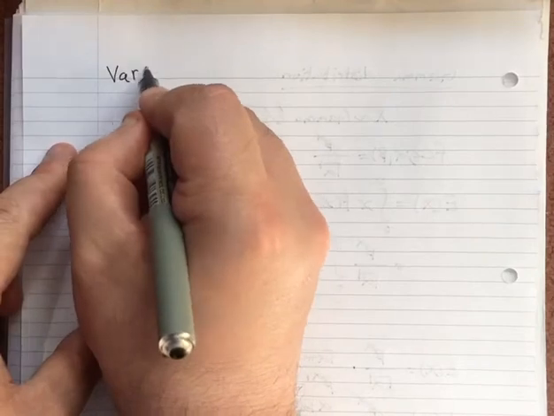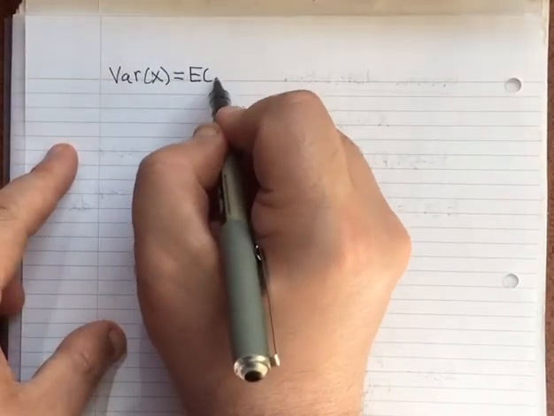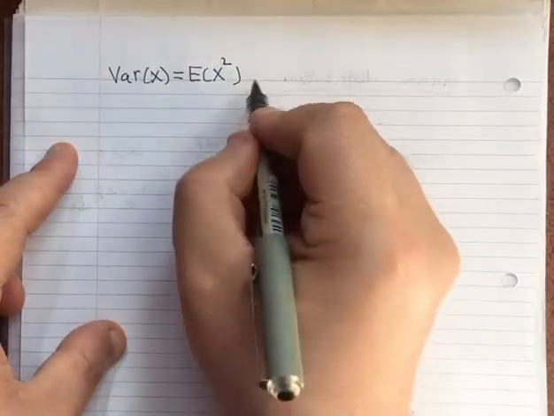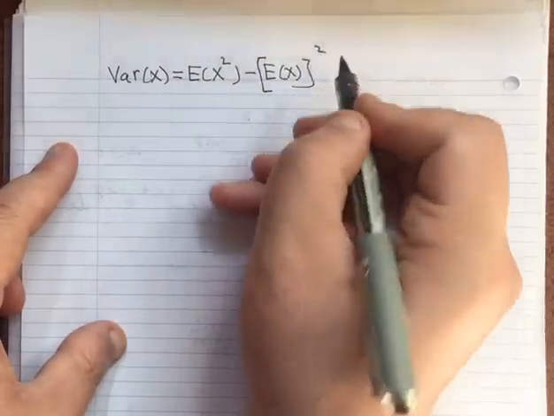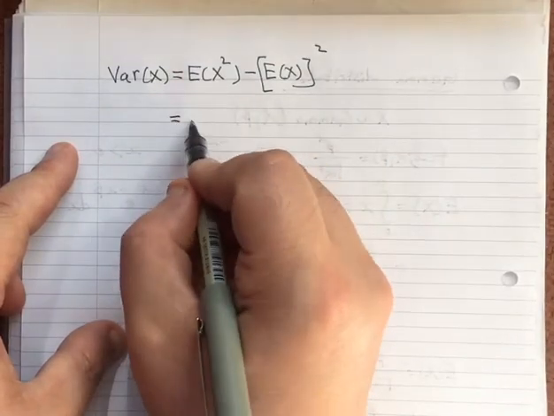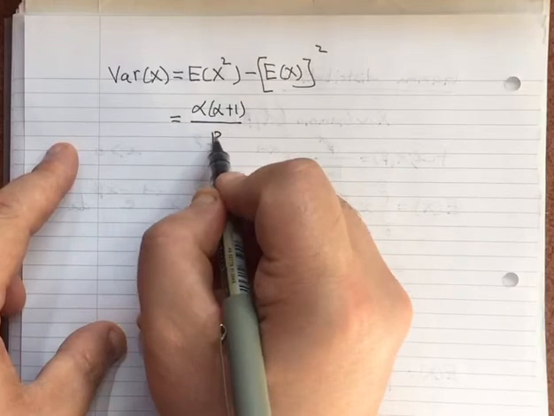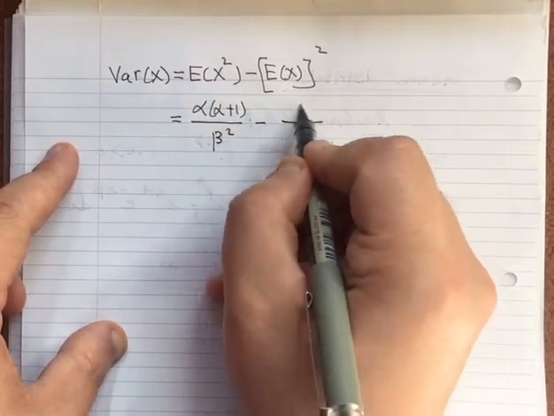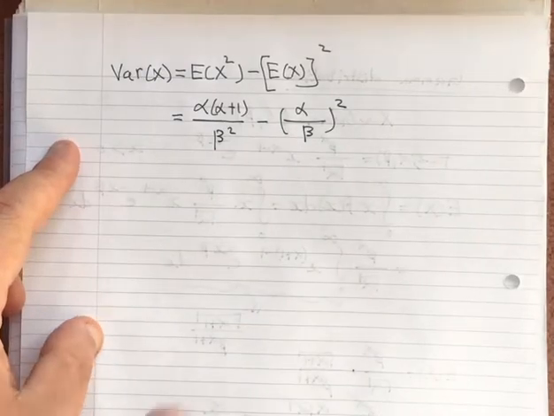Now the variance of x equals the expectation of x squared minus the expectation of x, all squared. Now the expectation of x squared is alpha times alpha plus 1 divided by beta squared, minus alpha divided by beta, all squared.